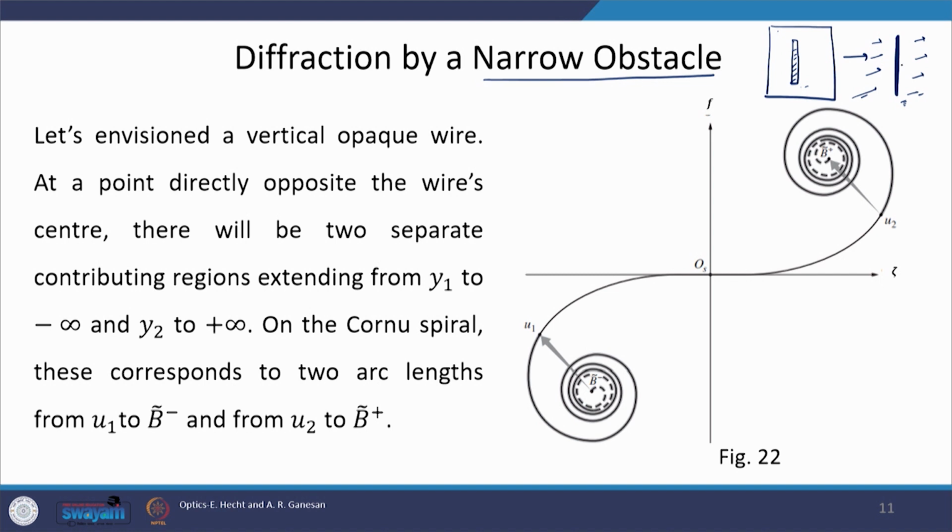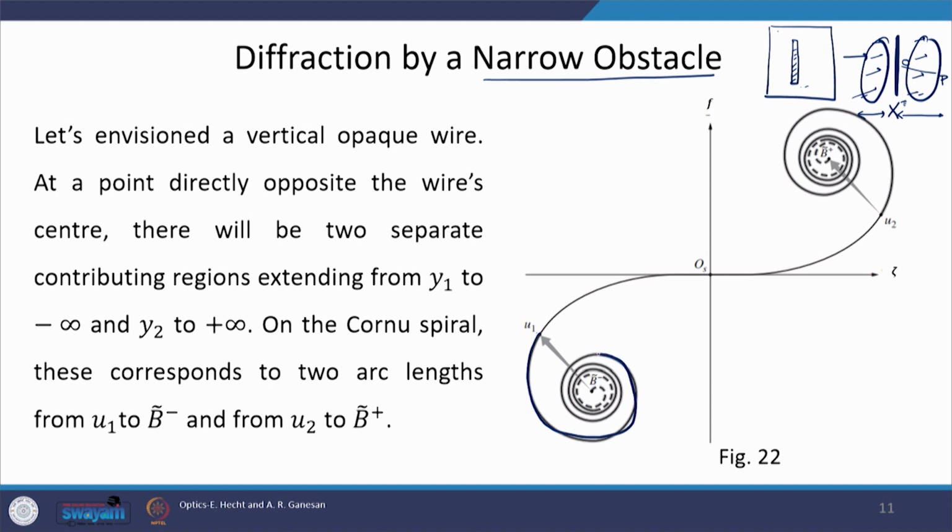Now, this is the wire, this is the point of observation P, and O is here. You see that light is coming from this region and this region, but light is not coming from the places where the wire exists. We have two regions from which we are receiving light, and they will give some diffraction pattern, and therefore the corresponding chords which we can draw on the Cornu spiral would be given by these lines.